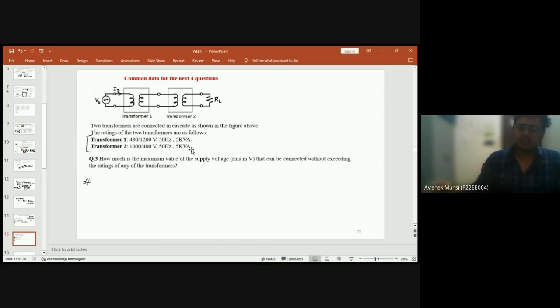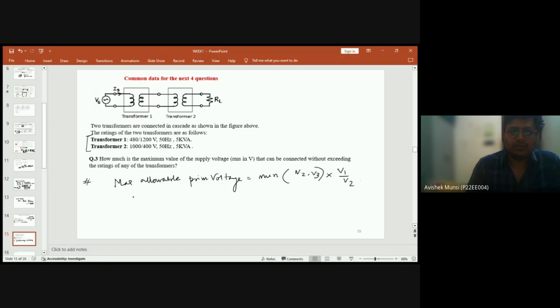So in this case, I said that the maximum allowable primary voltage is the minimum of V2, V3 into V1 by V2, right?